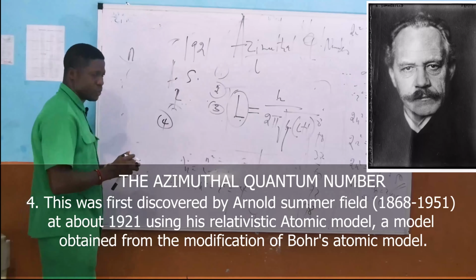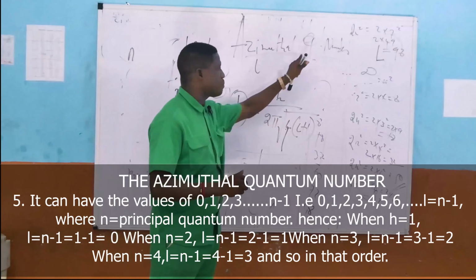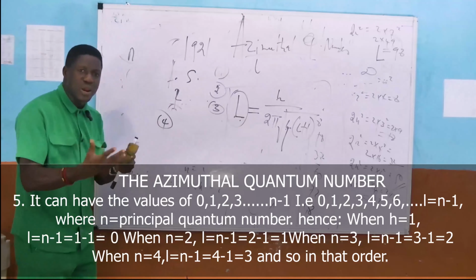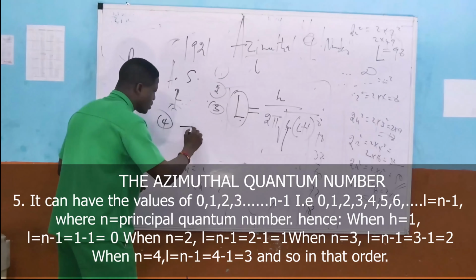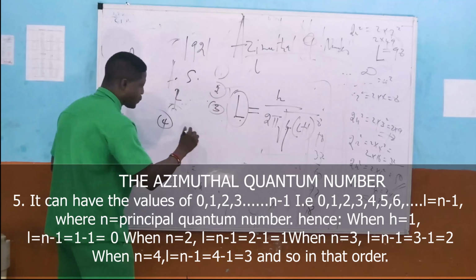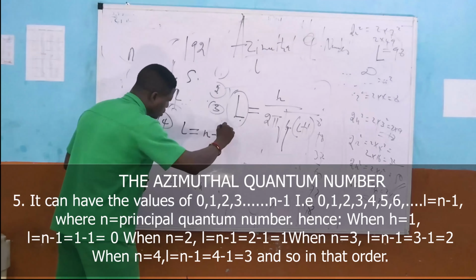Point number 5. Another important fact you need to know concerning the azimuthal quantum number is that it can only take values ranging from 0 to n minus 1.